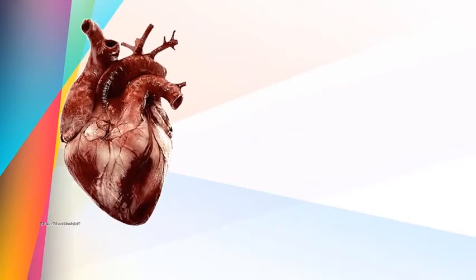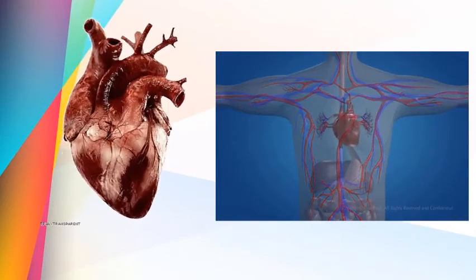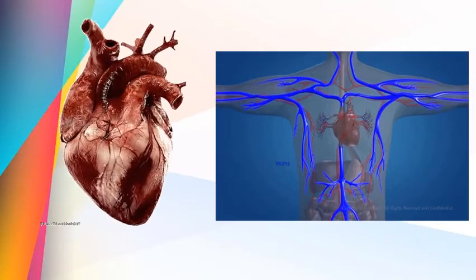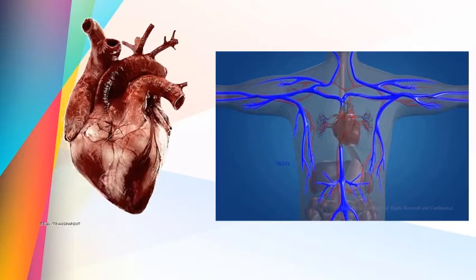Students, this is our heart, right? The heart contracts and relaxes alternately without stopping, isn't it? When it contracts, the blood from the heart is pushed into the blood vessels. Students, you can see here the red and the blue colored blood vessels.